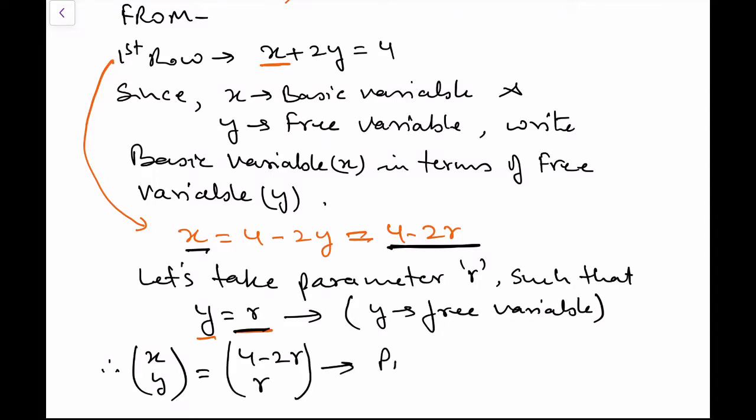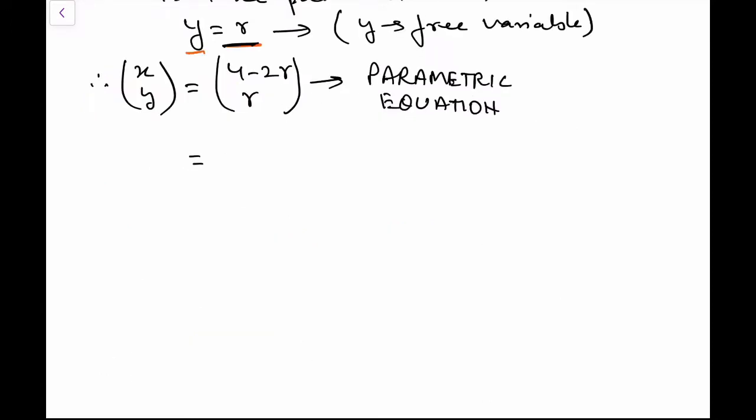And this is the parametric equation, which can be written as r times (minus 2, 1) plus (4, 0).